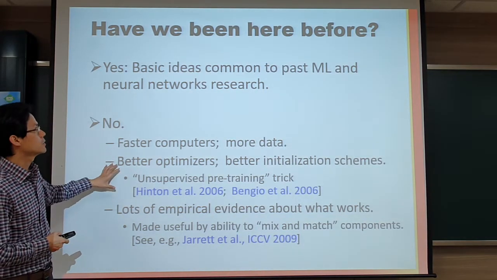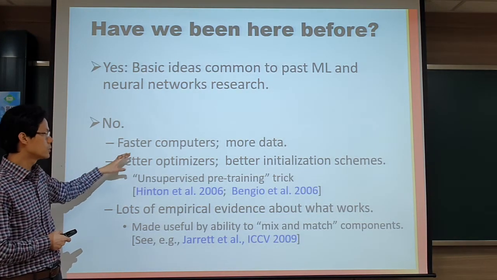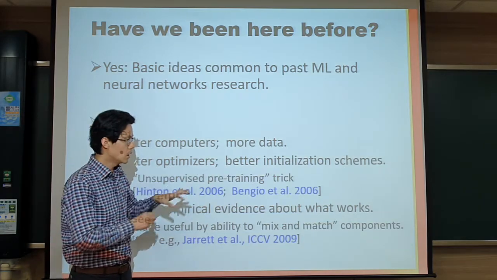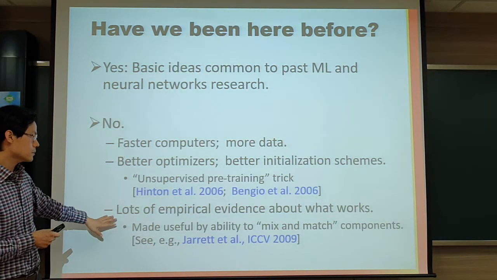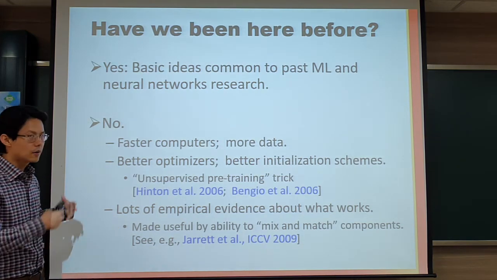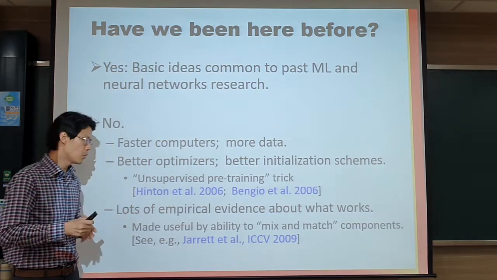Also, there have been a lot of improvements in deep learning in terms of optimizers and some of the low-level details. Also, there is a lot of engineering work, so that we know which techniques work and which do not.